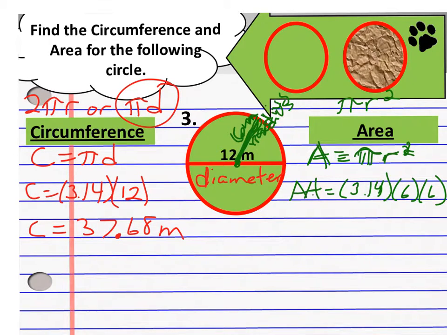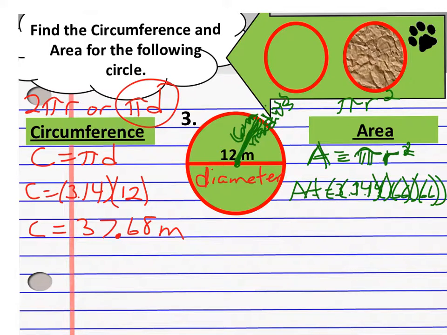A equals 3.14 times 6 times itself. Now you can imagine the one mistake you're going to make is using the 12 times 12. Don't do it. There is no D in this formula. It's only an R available. So as soon as you see this diameter, know you're going to have to cut it in half to put in this formula.